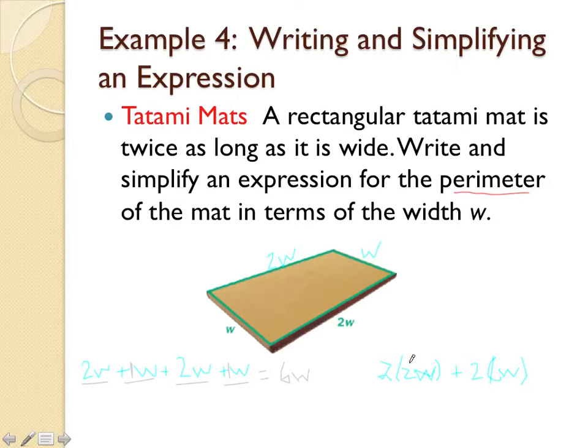If I went this route, I would have to use the distributive property to multiply in 2 times 2W. I multiply the numbers. 2 times 2 is 4, and the W comes along for a ride. Plus, I have another set of parentheses, so another time that I have to multiply and distribute. 2 times W is 2W.